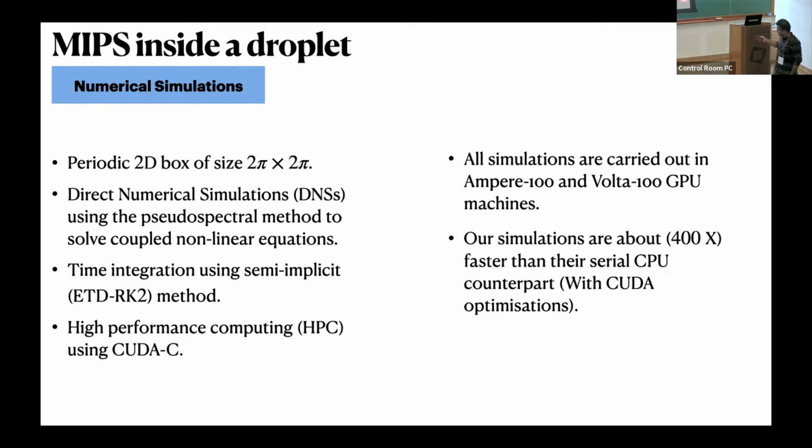We do high performance computing using CUDA-C, and all our simulations are carried out on Ampere 100 and Volta 100 GPU machines. Those are recent GPU clusters, and our simulations are about 400 times faster than their serial CPU counterpart with some optimizations.